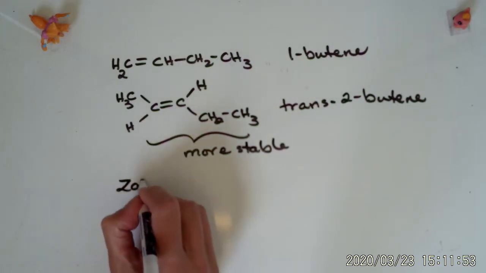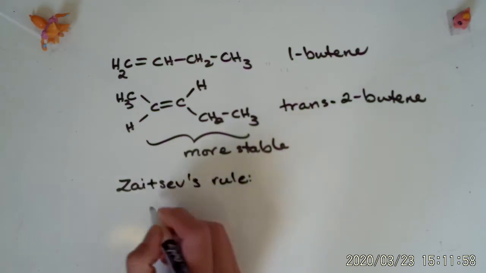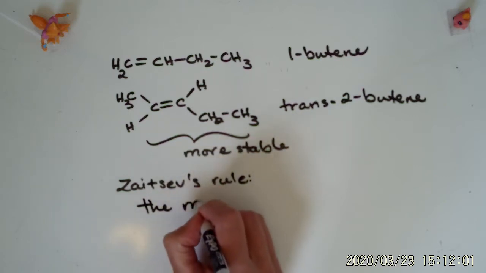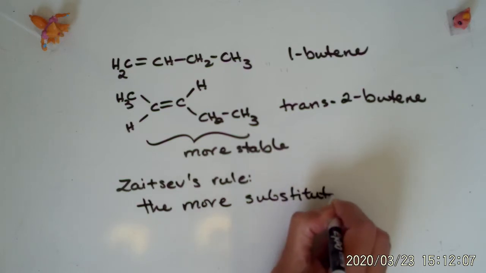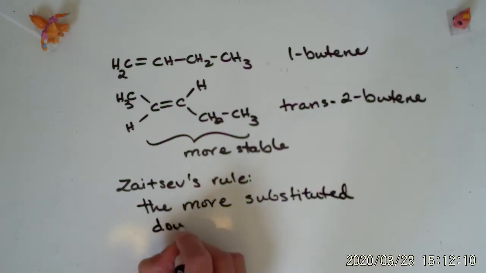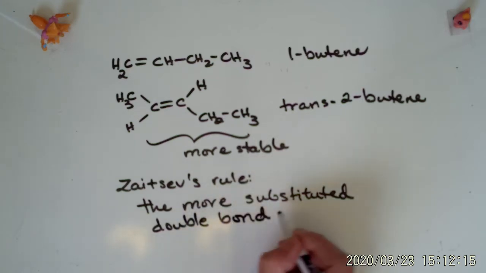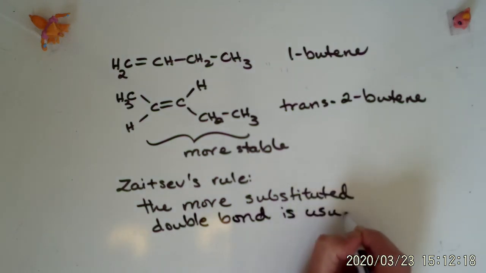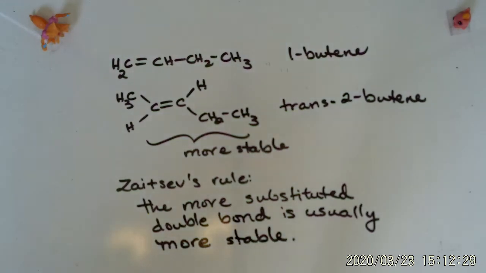Markovnikov's rule says it's the more substituted double bond that is usually more stable. So let's give you a couple of examples.